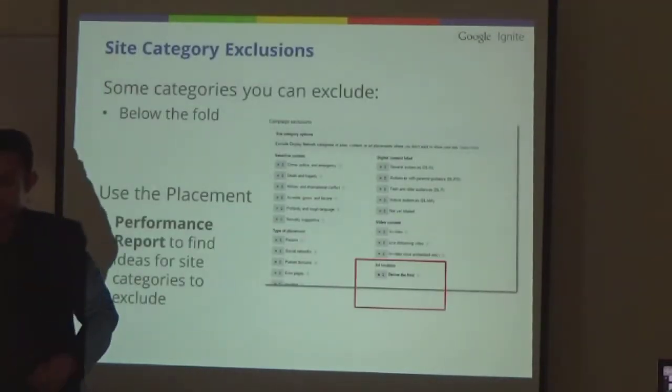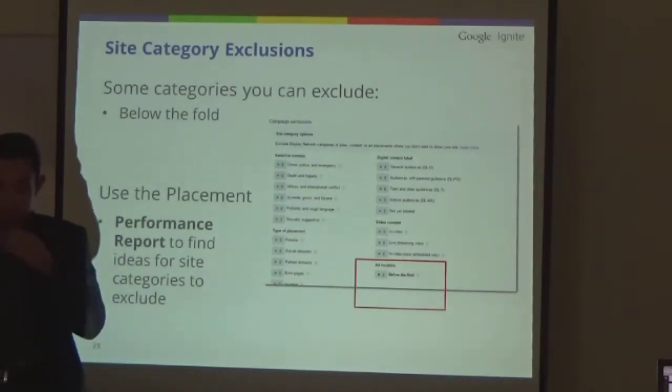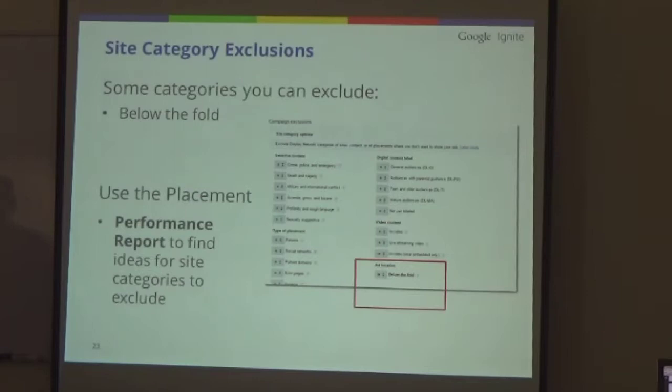Next is the site category exclusion. So this is similar to your search term report in the search network. What is a search term report? Anyone can remember? What is a search term report? Search term report in your search campaign.